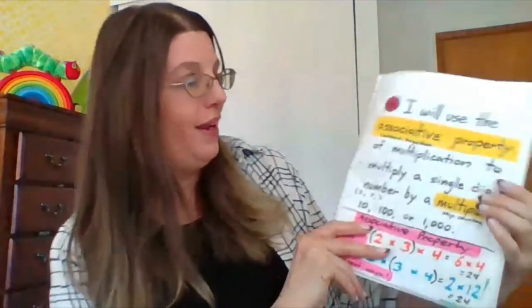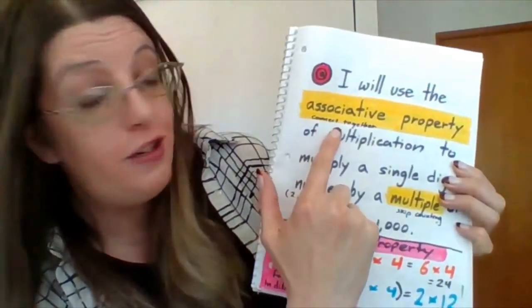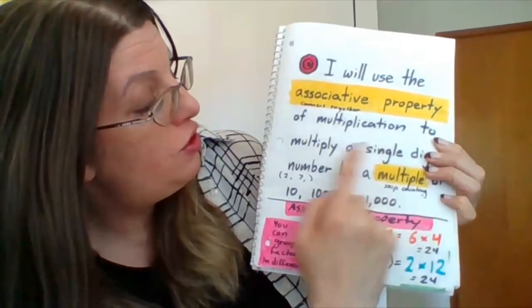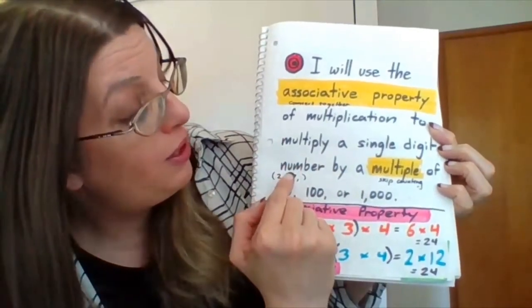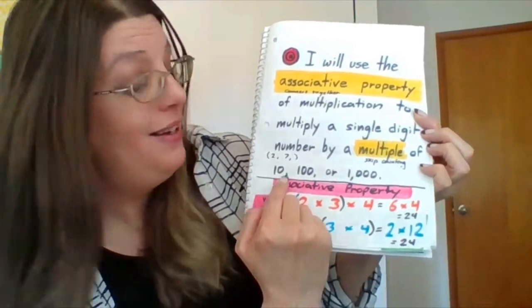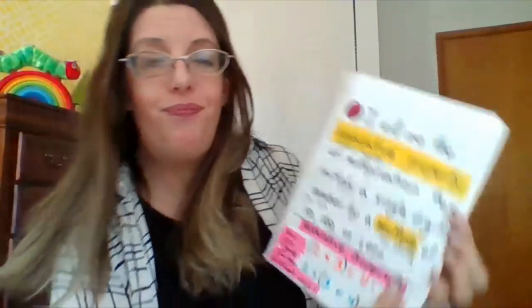Let's review our learning target and see if we've met it today. I will use the associative property of multiplication to multiply a single digit number by a multiple of 10, 100, or 1,000.